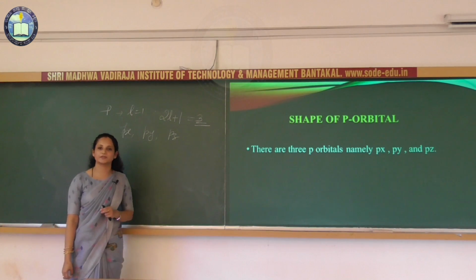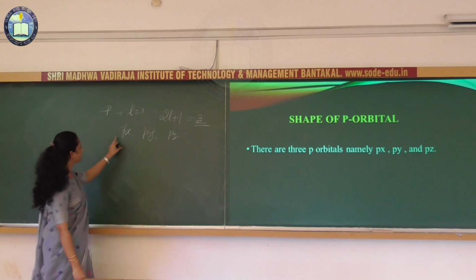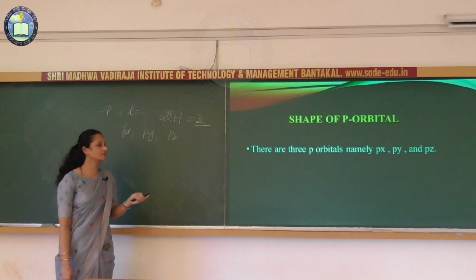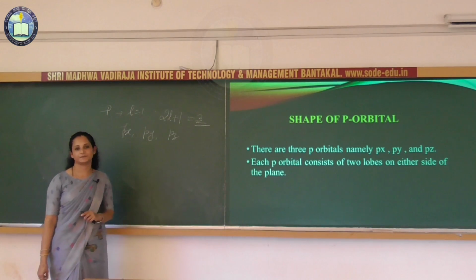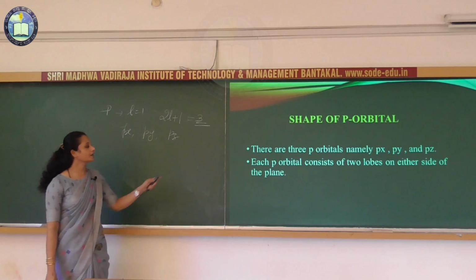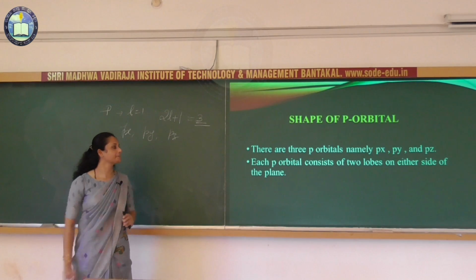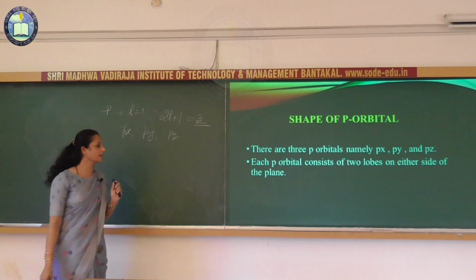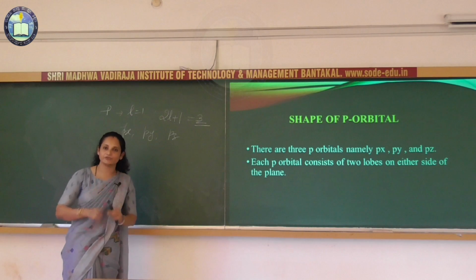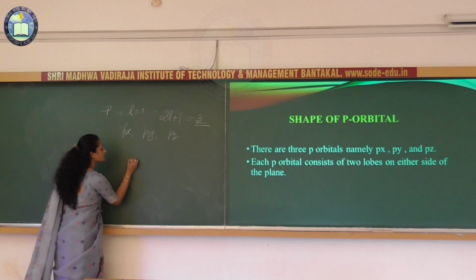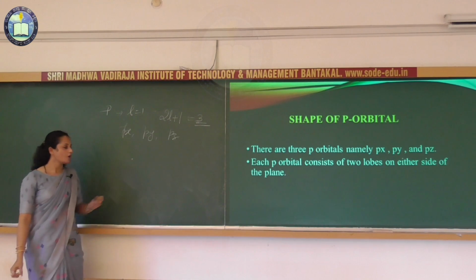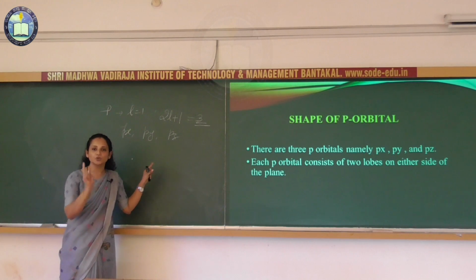What is the difference between Px, Py, Pz? Before that, what is the shape of p orbital? Each p orbital consists of 2 lobes, and if we always take the nucleus as the center, on either side of the nucleus there are 2 lobes.